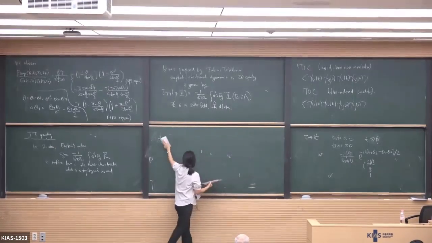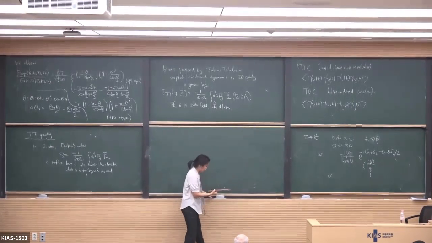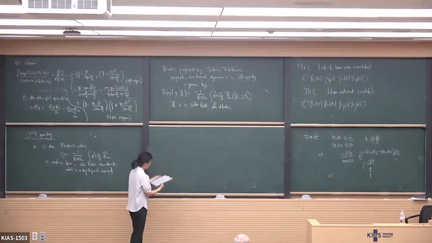You can also vary the action with respect to the 2D metric, and you get an equation for the dilaton.